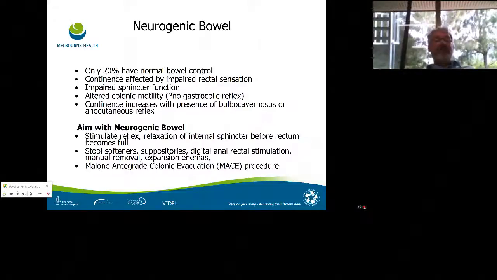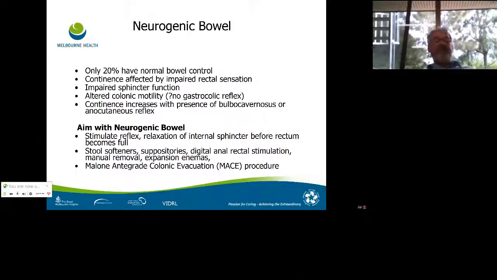So the aim is to become continent and to be able to time toileting so that you don't spend gross amounts of time on the toilet. So the aim is to stimulate a reflex relaxation of the internal sphincter before the rectum becomes full.